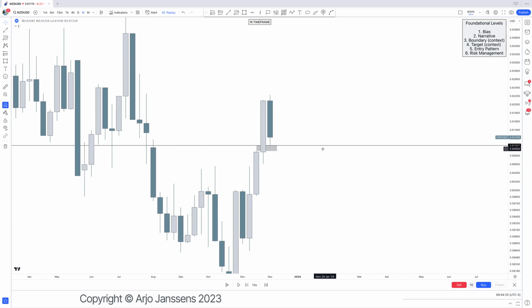If you need around 5 minutes to get to your bias, then likely there's just simply no bias. If you need around 5 or even more minutes to get to a narrative, then likely there's just not a clean narrative right now. So that also helps us in understanding, all right, which pair is actually high probability. The pair that is high probability is the one that is screaming at you.